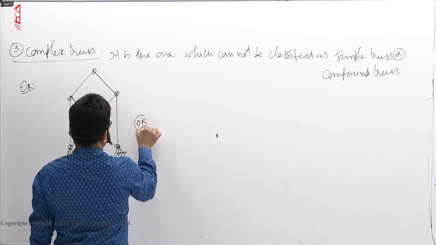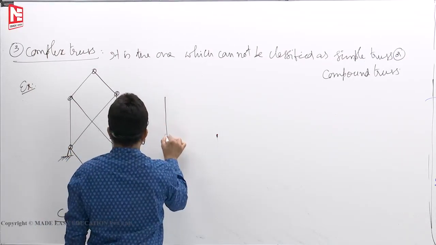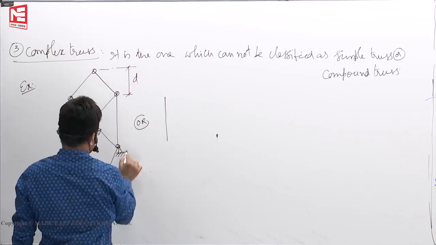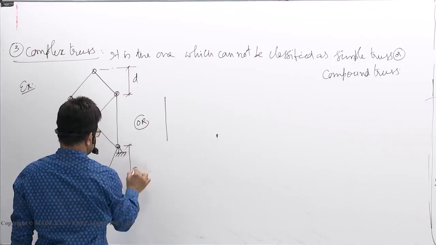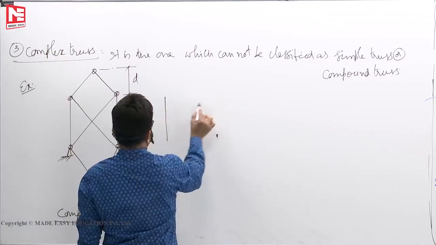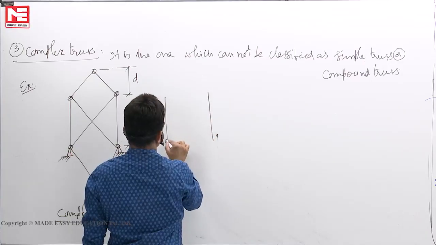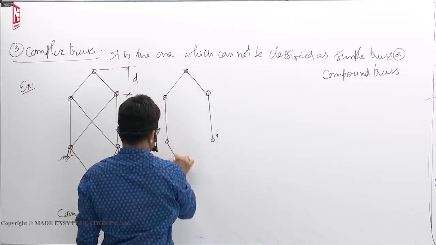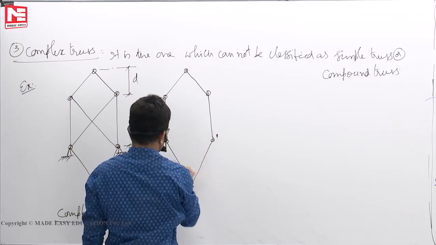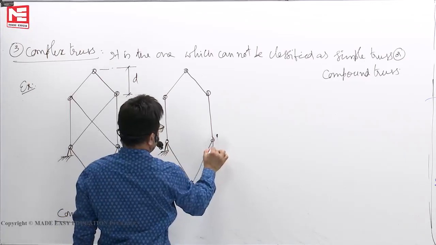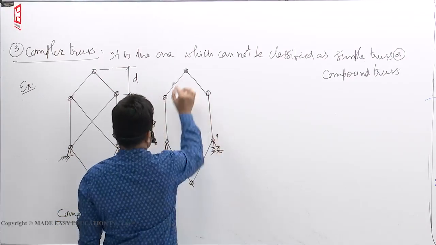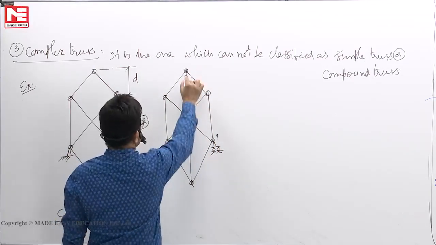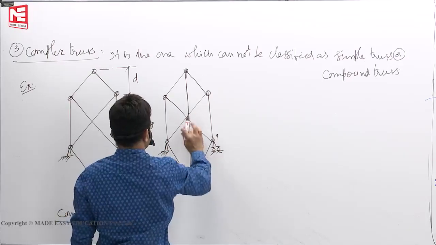Or if you want to put a hinge, let us say, this depth should be different. This depth some d, let us say, from here to here, this is d dash. This can be taken another like this. This is a hinge here. I want to keep a roller here, say. Then two members are added. One more member I have to make it like this. It should go through this, let us say.